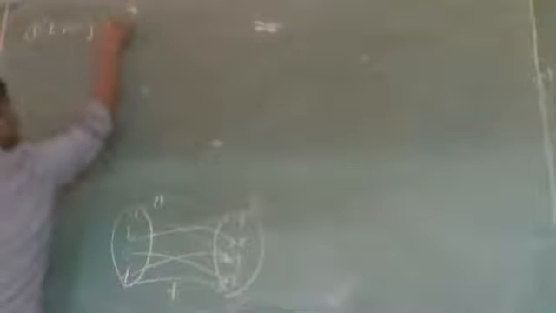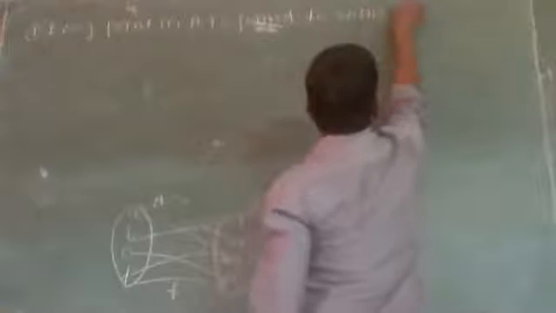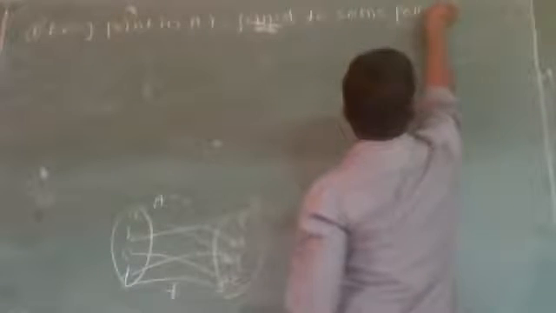First one, every point in A is joined to some point in B by an arrow.